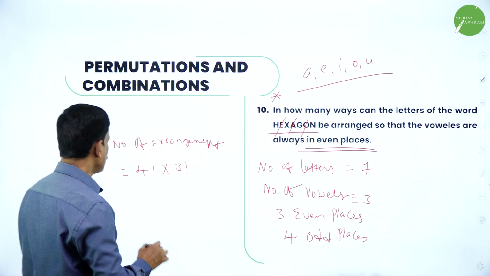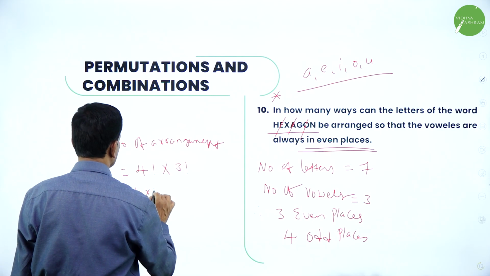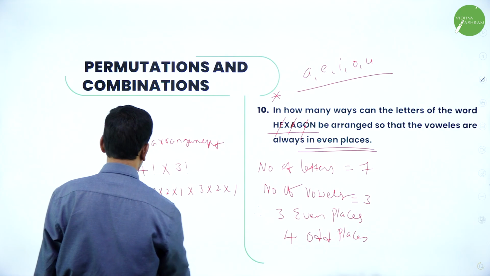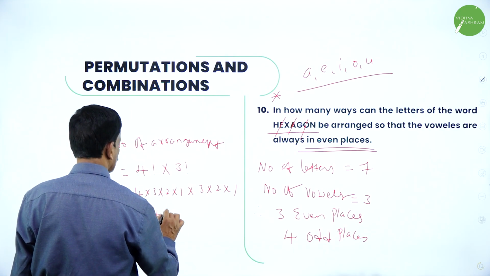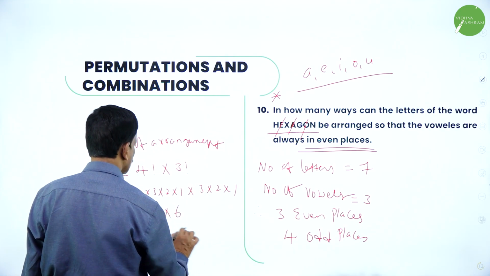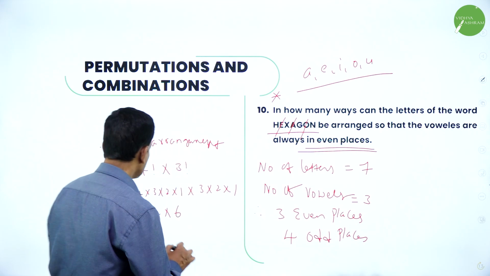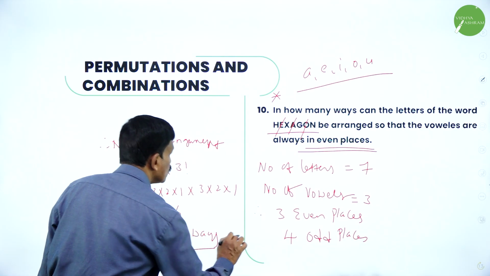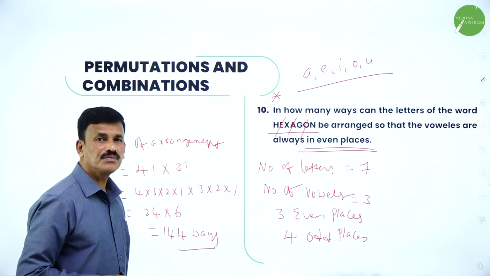What is 4 factorial? 4 into 3 into 2 into 1, into 3 into 2 into 1. 4 times 3 is 12, 12 times 2 is 24, 3 times 2 is 6, 24 into 6 is equal to 144. So we can arrange it in 144 ways.